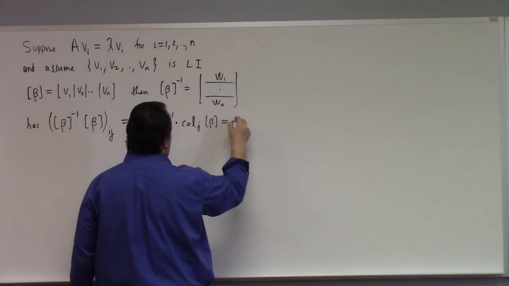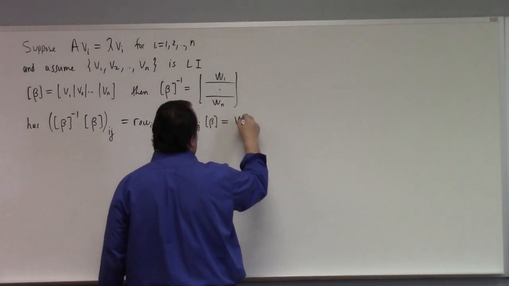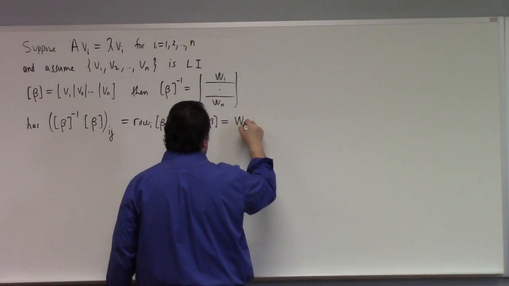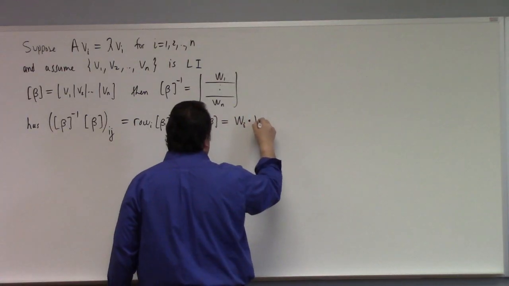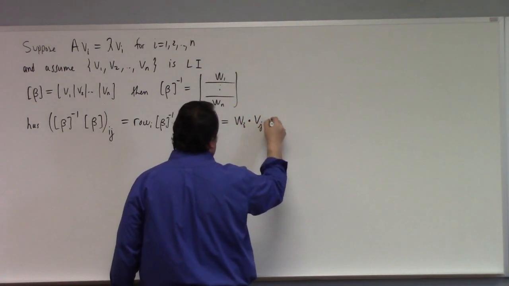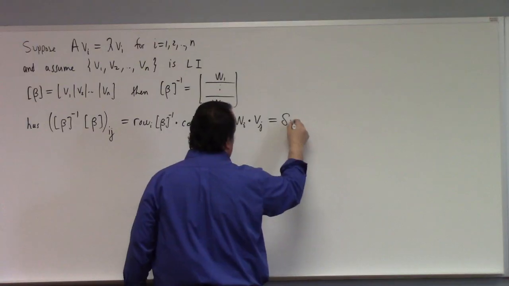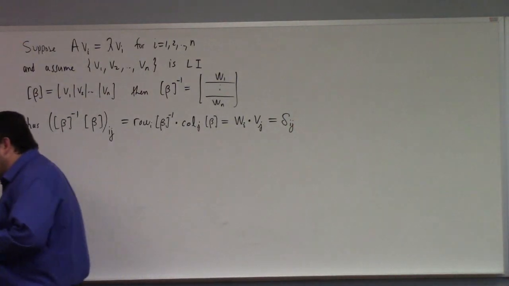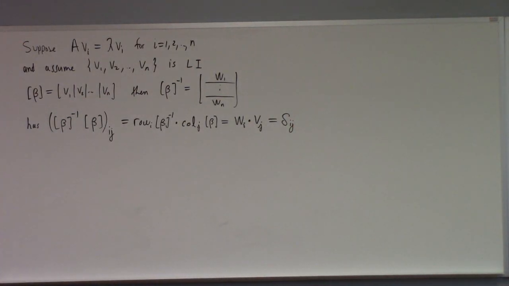Specifically it's equal to Wi dotted with Vj, and that's given to be the Kronecker delta ij because we're assuming that we've got an inverse matrix, right? I'm writing this out because I'm pretty sure I need it for the calculation that follows, okay guys?